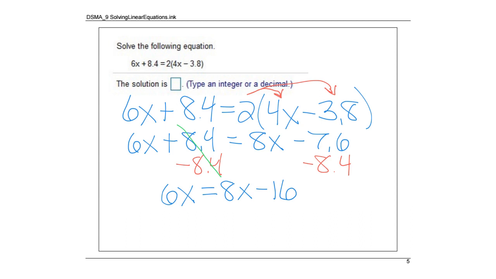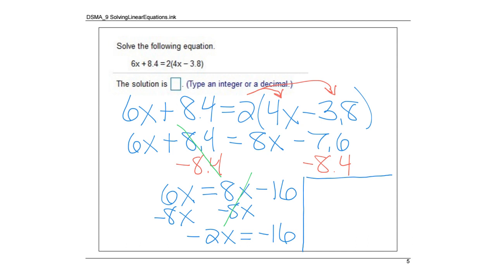Now I'm going to go ahead and move my negative 8x. I should have done it with red. So that leaves me with negative 2x equal negative 16. Because on the right, 8x minus 8x gives me 0. On the left, I'm left with a negative 2. Let me just make a little box here.